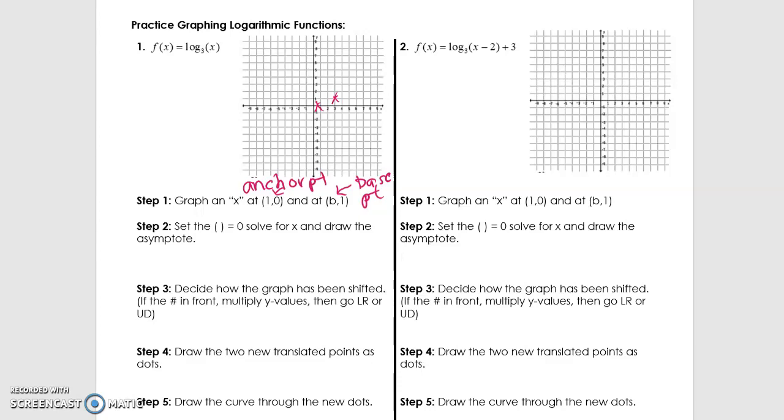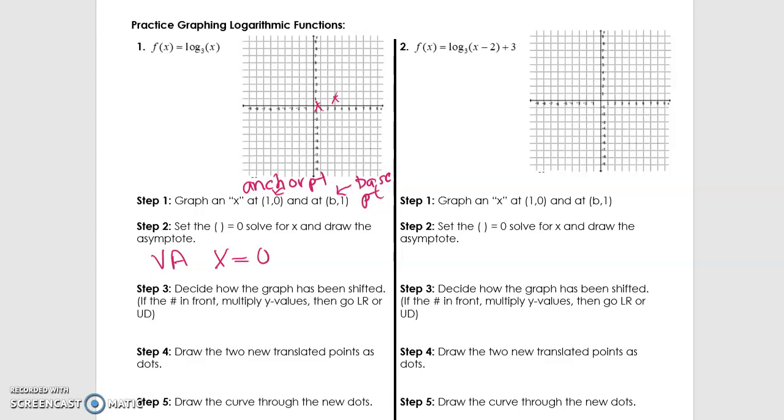To find the asymptote, we take whatever is inside the parentheses and set it equal to 0. So in this case, we're going to have a vertical asymptote at x equals 0. Then we're going to see how the graph has been shifted. It looks like in this case, there are no transformations.